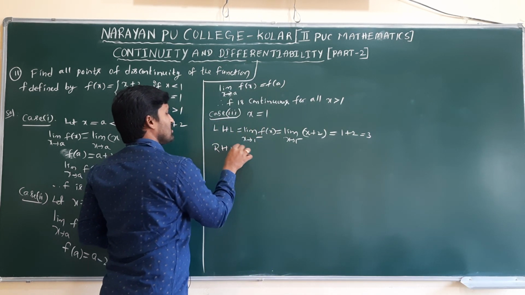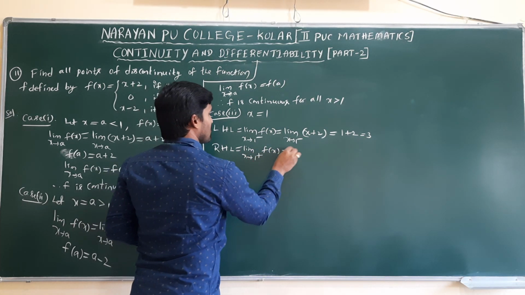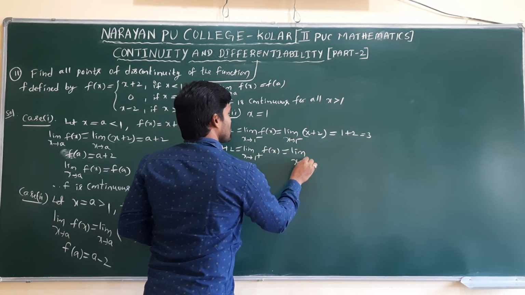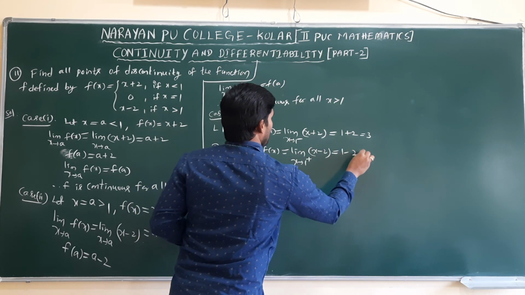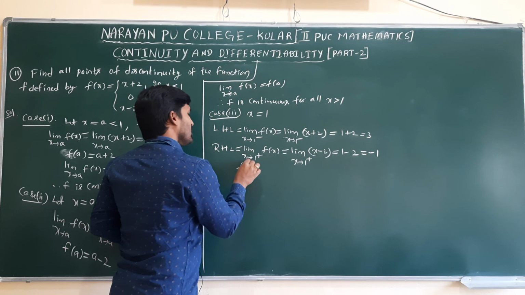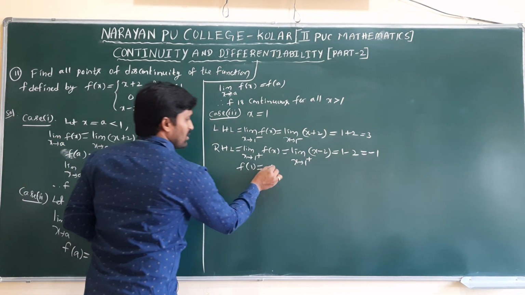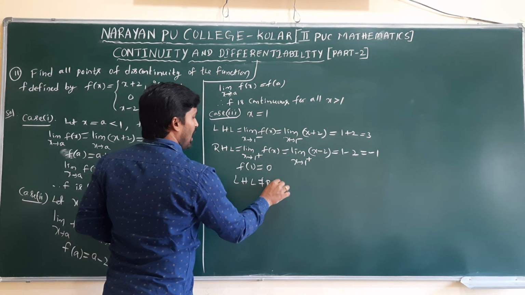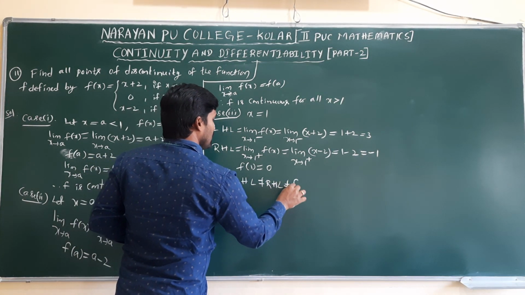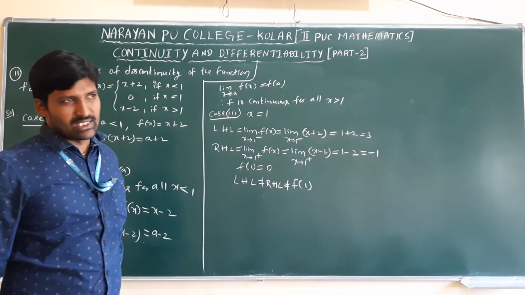Next the RHL, limit as x tends to 1 plus of f of x. For x greater than 1 the function is x minus 2, that is 1 minus 2, minus 1. Next f of 1. At exactly 1, what is the function value? 0. Here all three are not equal. LHL is not equal to RHL, which is not equal to f of 1. That's why it is not continuous, that means discontinuous.